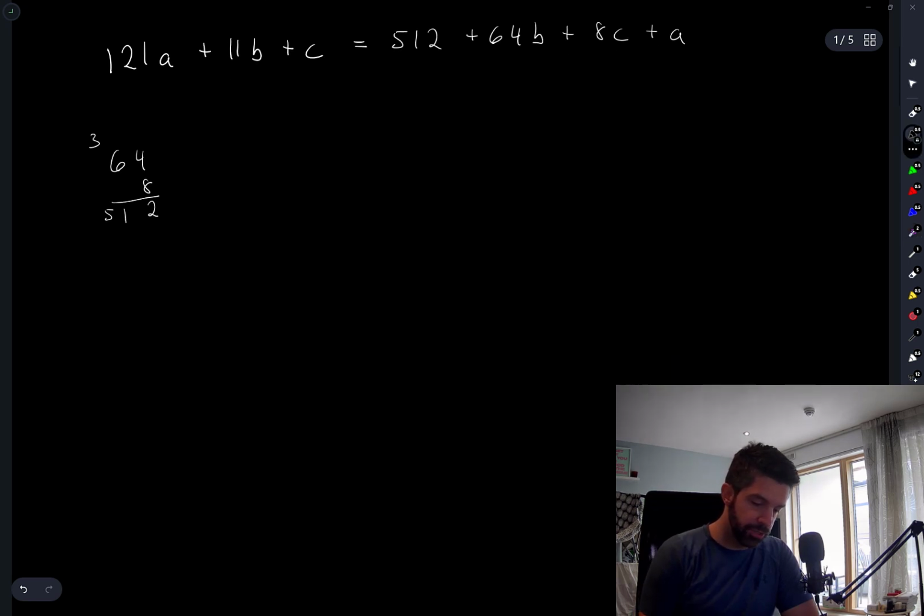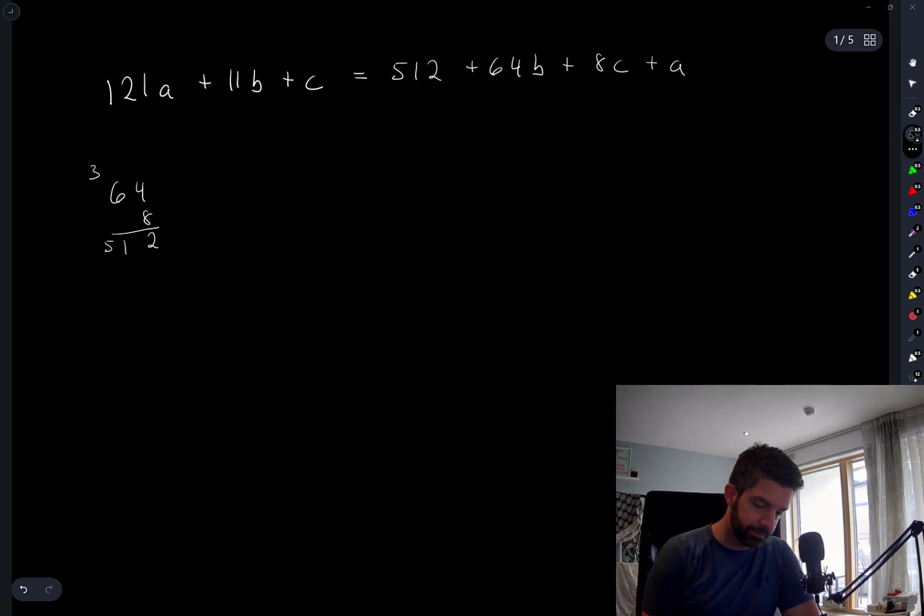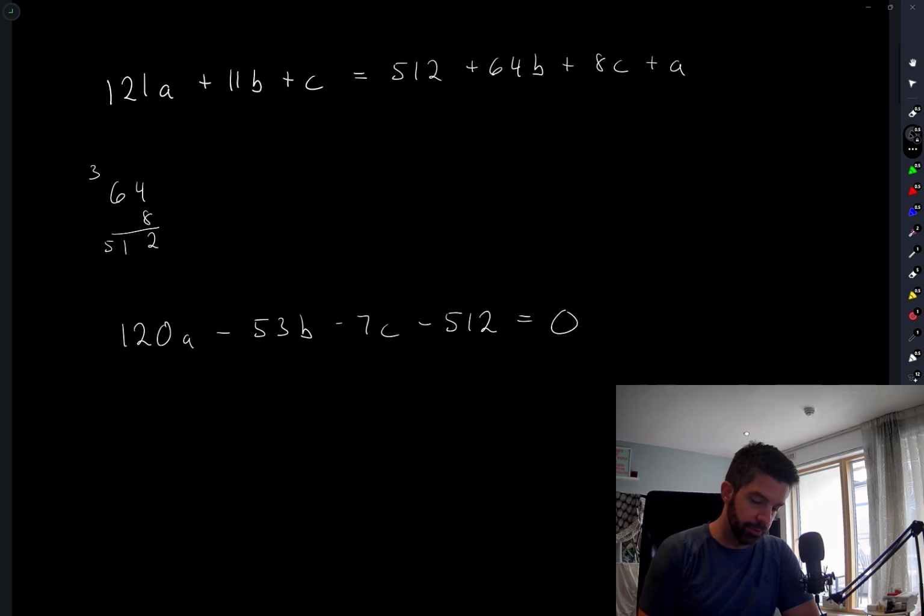But let's also rearrange and do some cancellations. So I have 120a minus 53b minus 7c minus 512 is equal to 0.